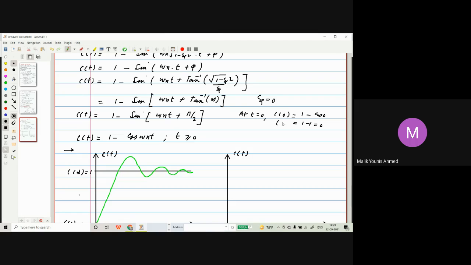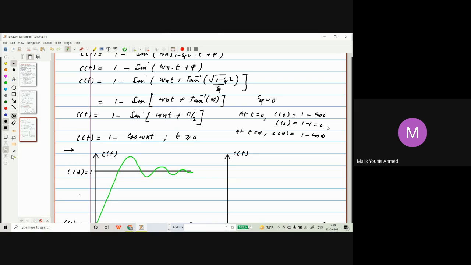So C of 0 is again 0. Two points are important for us: initial and steady state. Steady state is infinity, so C of infinity will be 1 minus cos of infinity.